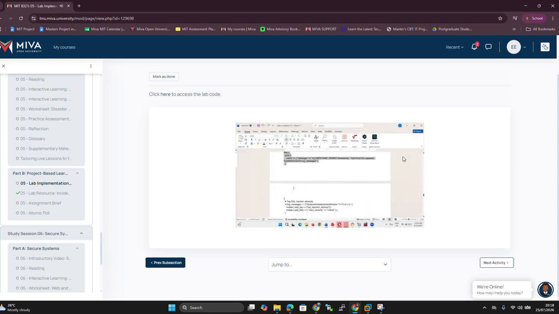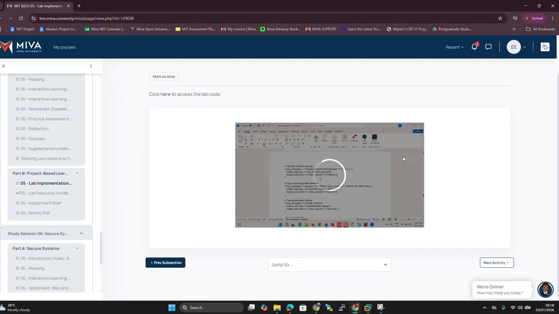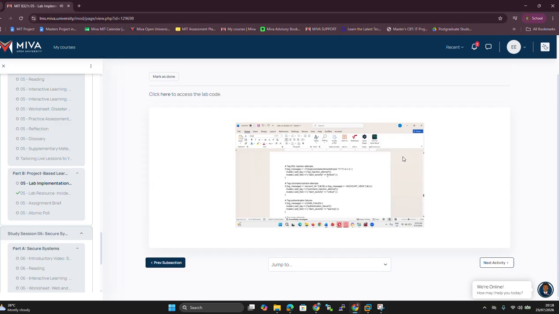So yes, and stop at this closing curly bracket. This time around, you're supposed to see something in your log. All right.